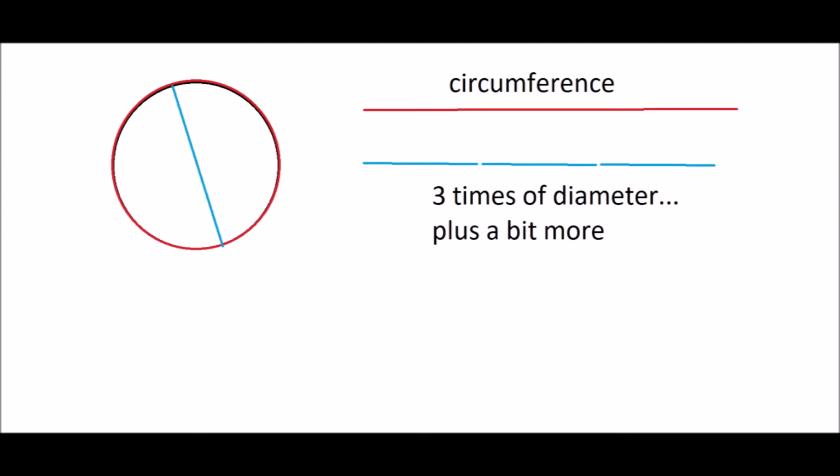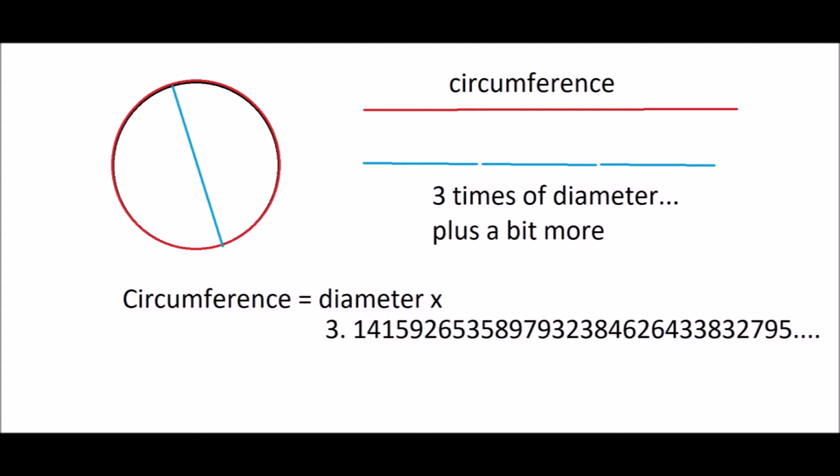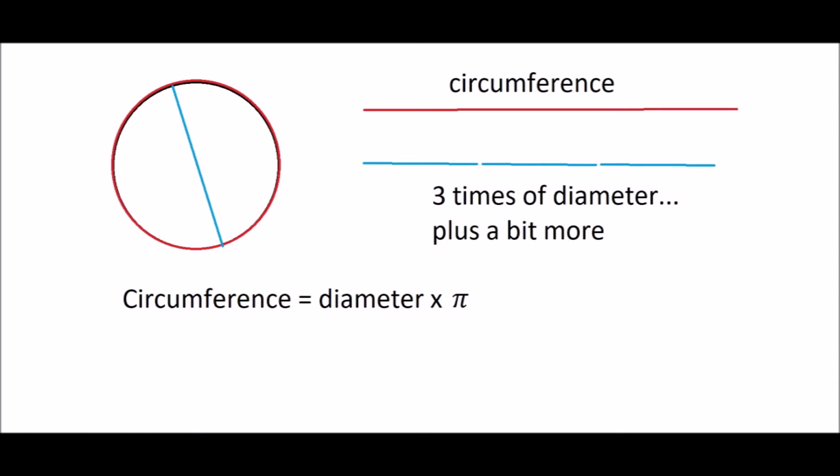With more precise calculations, we find that circumference is actually the diameter times 3.1415926535897932384626433827955 and so on. This number is unending, and therefore we usually mark it as pi. So circumference is diameter times pi.